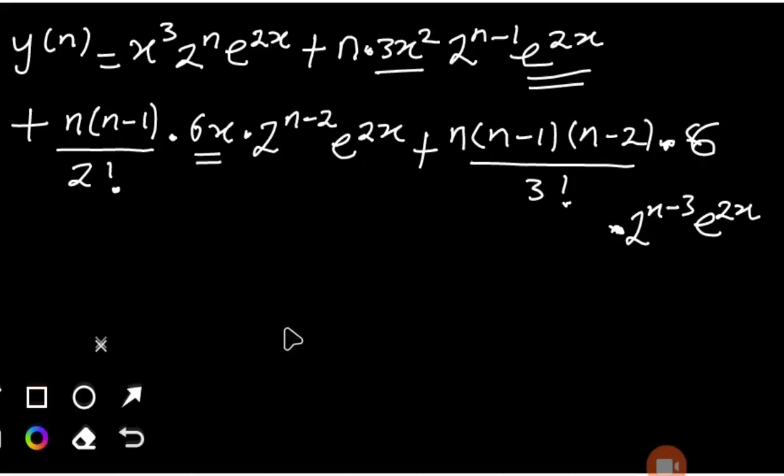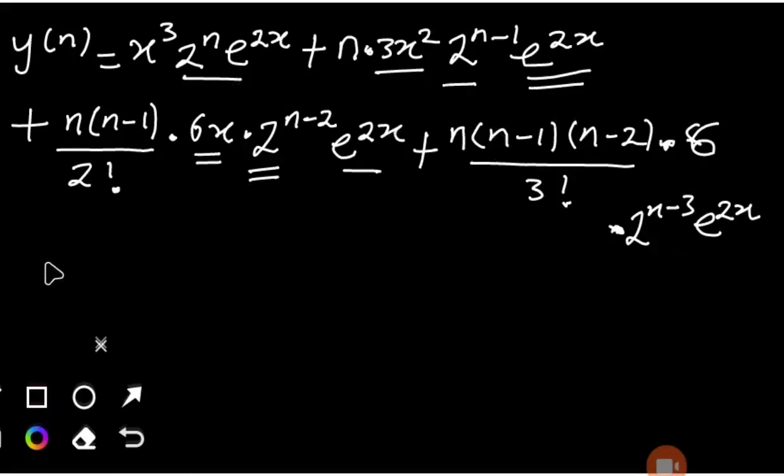All right, so we are almost done. Just for us to simplify. The only way to simplify now is to take out the common factor. 2 raised to the power n and exponent of 2x are common factors, because they are found in every term.